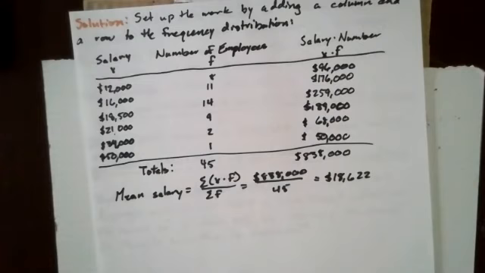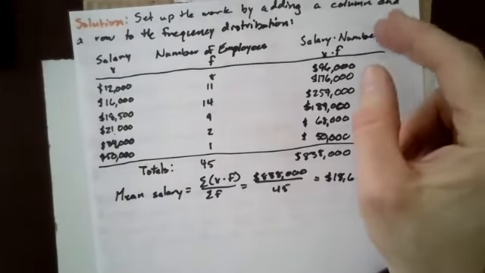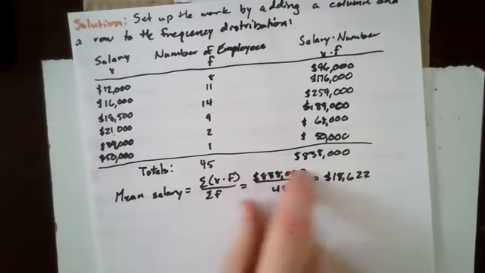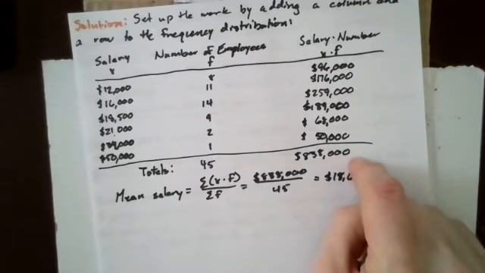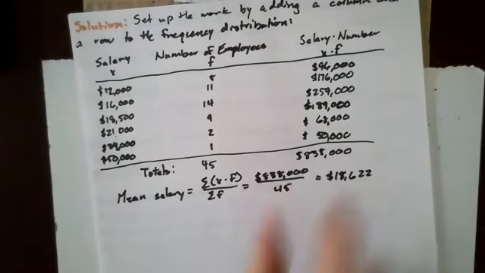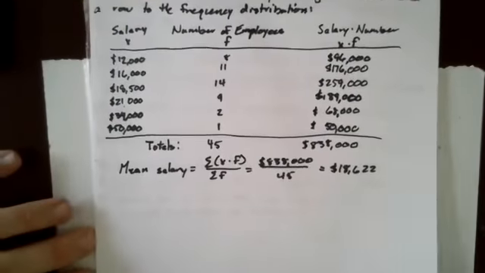So we set up the work by adding a column and a row to the frequency distribution. The column will give us the salary times the number, and the totals will be the row. We have a total of 45 employees, and a total salary, basically the total amount that we're paying out for salaries, is $838,000.